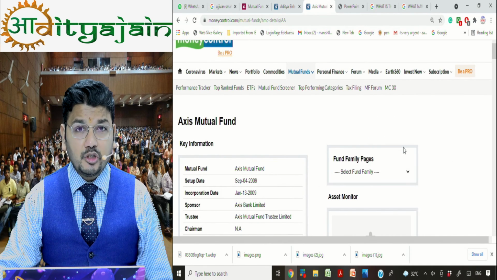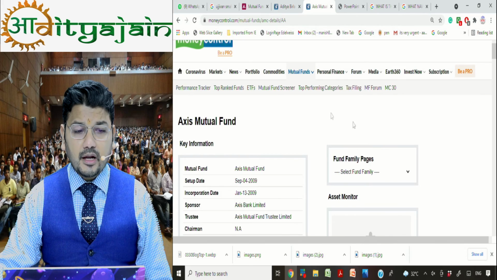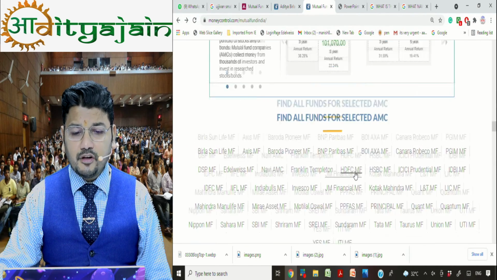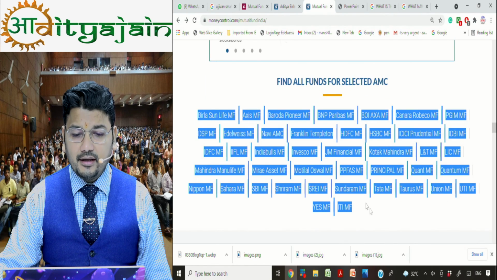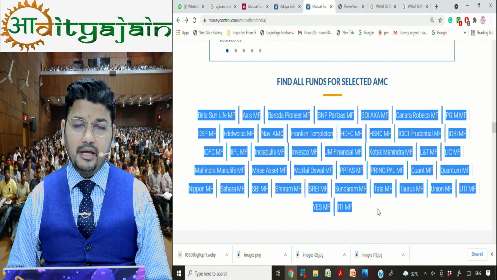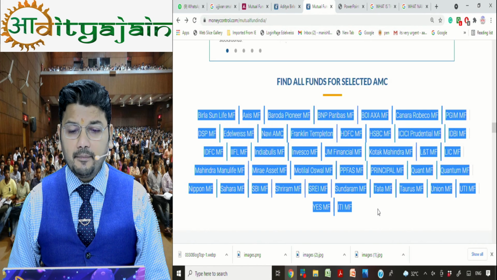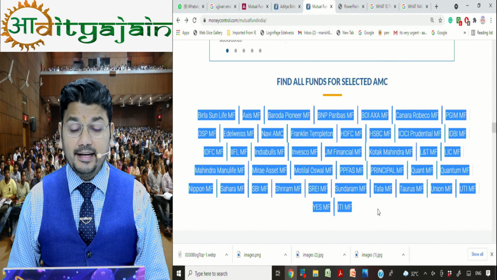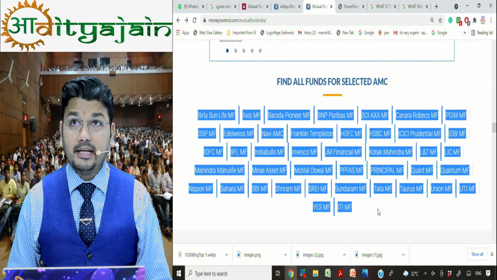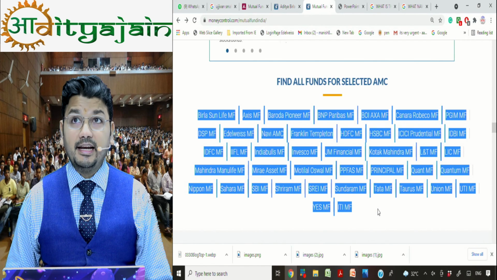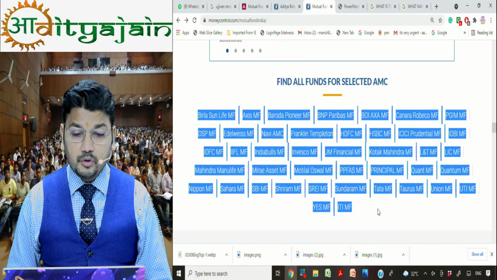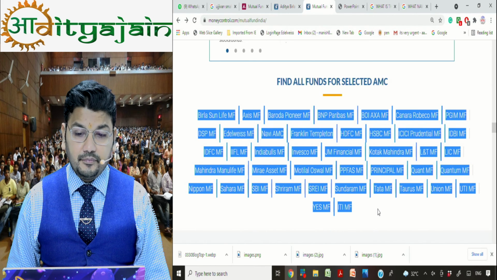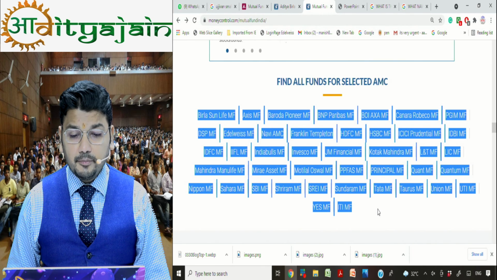So in India, many mutual funds are operating. Sir, how many mutual funds are operating in India? There are many, some of which are Birla Sun Life, Axis, Baroda, PNB, BOI, Canara, Edelweiss, DSP, Franklin, HDFC, ICICI, IDBI, IDFC, IIFL, India Bulls, Motilal Oswal, Sundaram, Tata Mutual Fund, Yes Mutual Fund, Kotak Mahindra Mutual Fund.